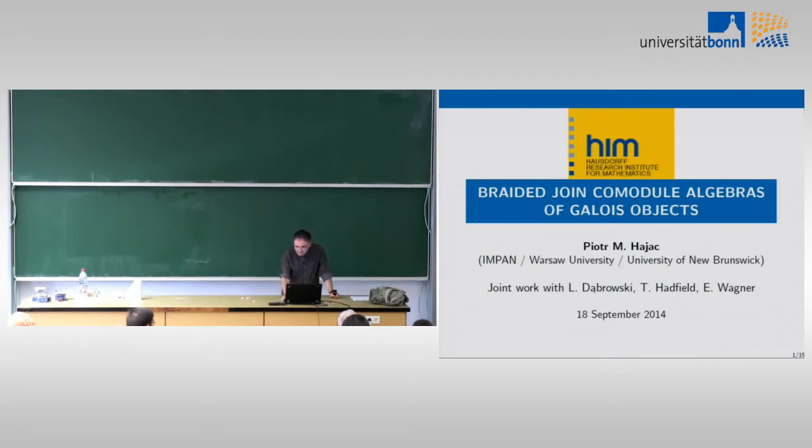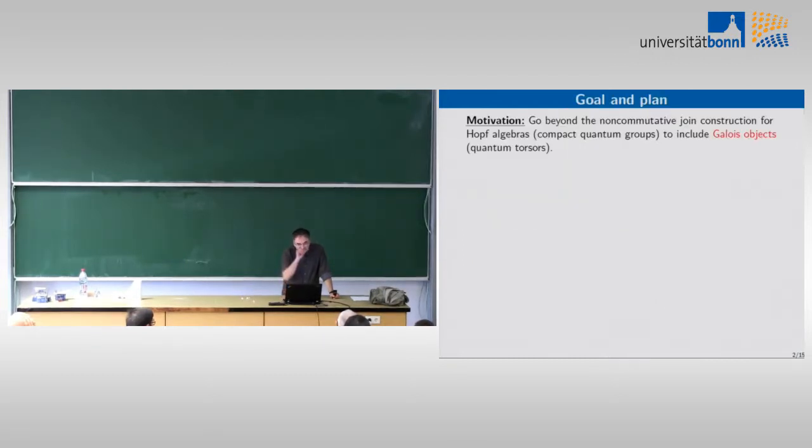Let me begin by telling you my plan and my goal. So what we wanted to do was to go from a construction of a non-commutative join from compact quantum groups, which is what we did with Ludwig and others a bit earlier on, to something a bit more general, going to Galois objects.